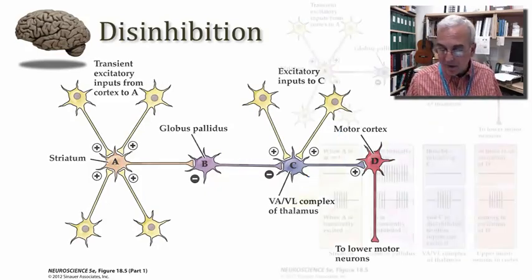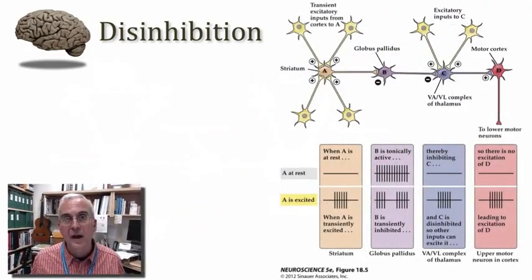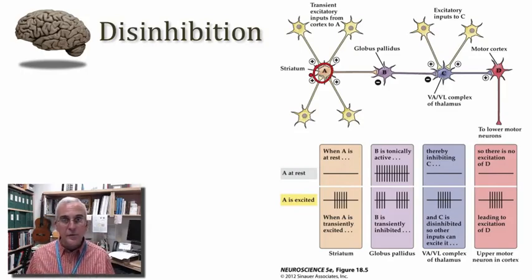So let's look at this now with a little bit of schematic physiology there to guide our understanding. So imagine now that neuron A in the striatum is at rest. So there's not a particular plan to move, a desire to move, an urge to move. The motor cortex is essentially at rest. So the relevant part of the striatum is going to be silent. Well, for reasons that I haven't mentioned yet, the activity of the internal segment of the globus pallidus is quite high.